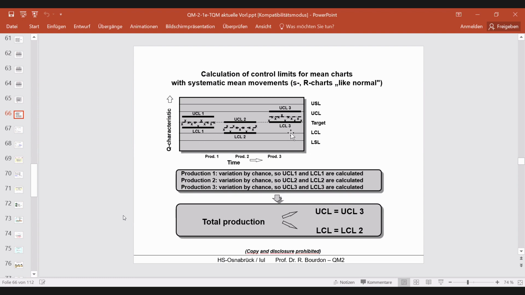over the time, in many cases, they take the upper control limit over a longer period of time, maybe in a time of productions, 3, 4, 5, 10 productions, whatever, about productions over a half year.